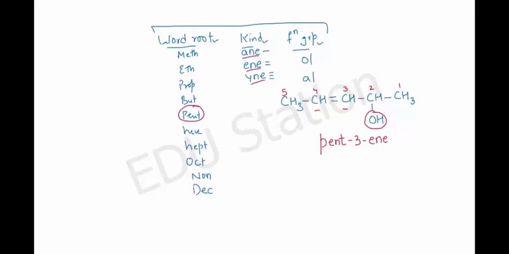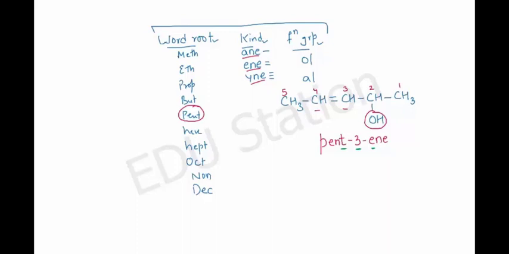Every time an alphabet meets a number, you have to use a hyphen. So wherever a number is meeting an alphabet, you have to use a hyphen in between. Now next we have alcohol, which is at second position.